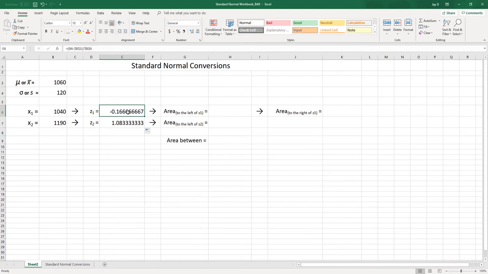And the answer is it should, because 1040 is to the left of 1060, just like negative any number is to the left of 0. Similarly, here I have 1190, which is to the right of 1060, which means my z-value should be to the right of 0. And it is. Let's go back to the diagram.